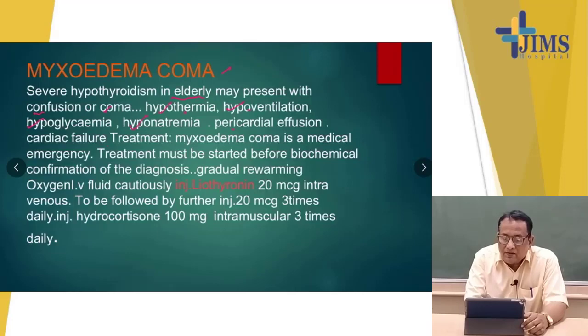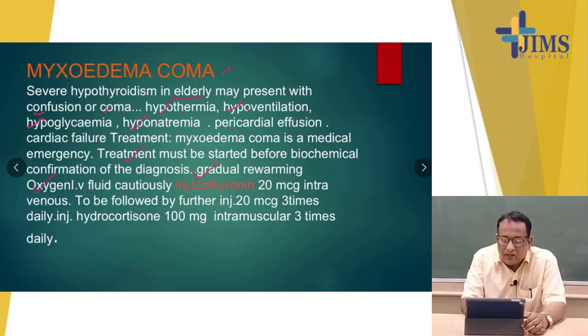So myxedema coma is a medical emergency, and treatment must be started before biochemical confirmation. You send the blood for testing and don't wait for the result. You start treatment on clinical grounds for the diagnosis, and gradual rewarming is necessary as the patient is very cold.